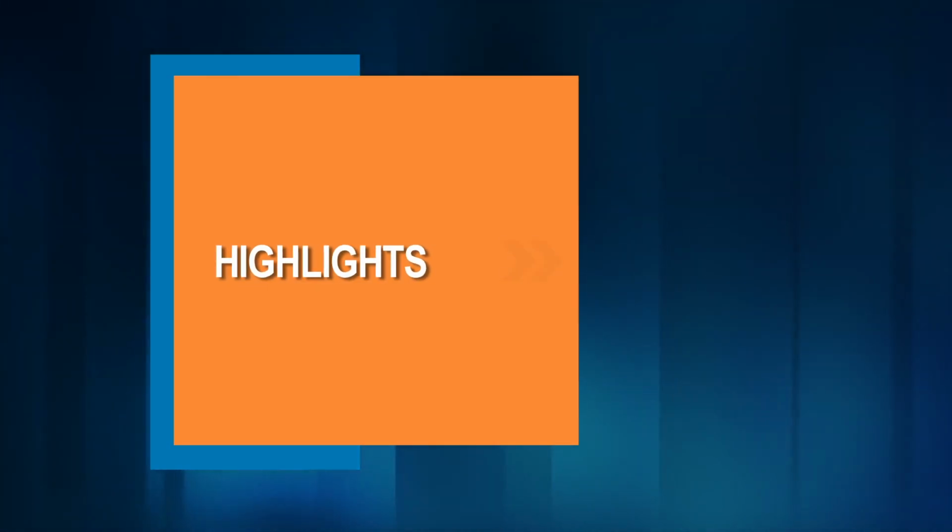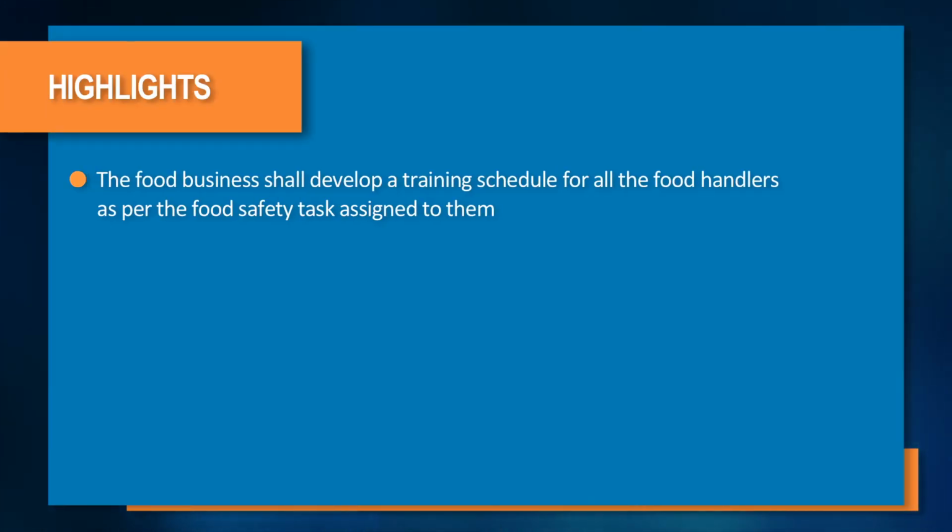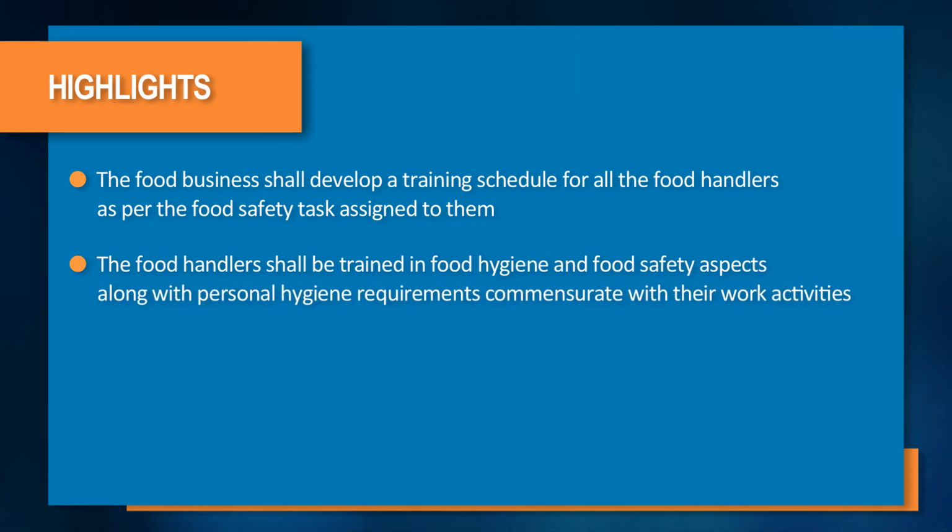Thus, the key points of this video are: the food business shall develop a training schedule for all the food handlers as per the food safety task assigned to them. The food handlers shall be trained in food hygiene and food safety aspects, along with personal hygiene requirements commensurate to their work activities.